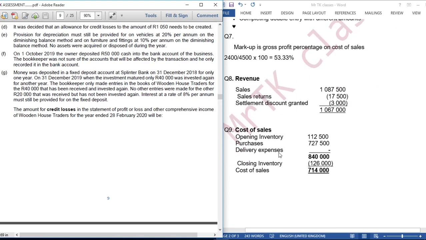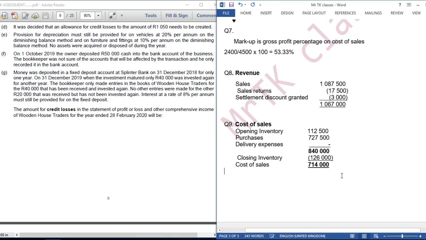So what we want on question 10 is credit losses. We are going to calculate credit losses.